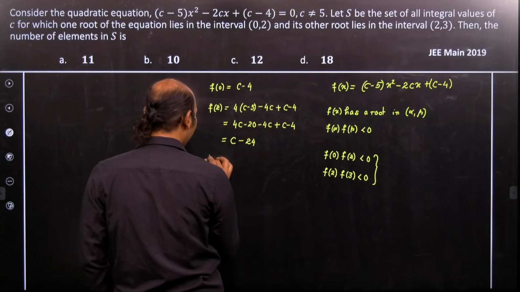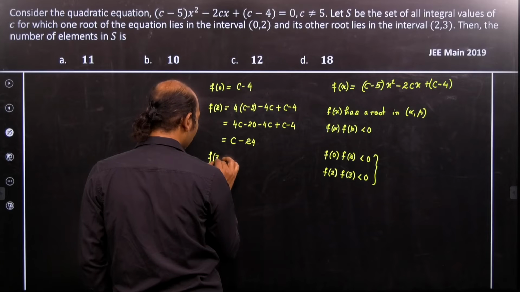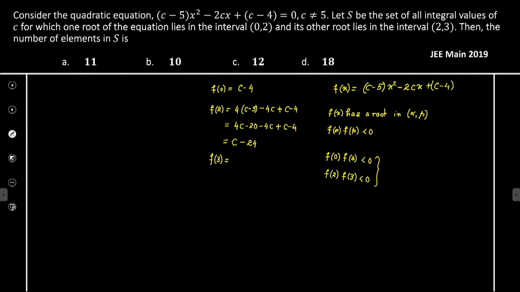Let's go ahead and apply the condition of f(3). So this is 9 multiplied by (c minus 5), and obviously we have minus 6c plus c minus 4. If I solve it, we get 9c minus 45 minus 6c plus c minus 4, which gives you 4c minus 49.